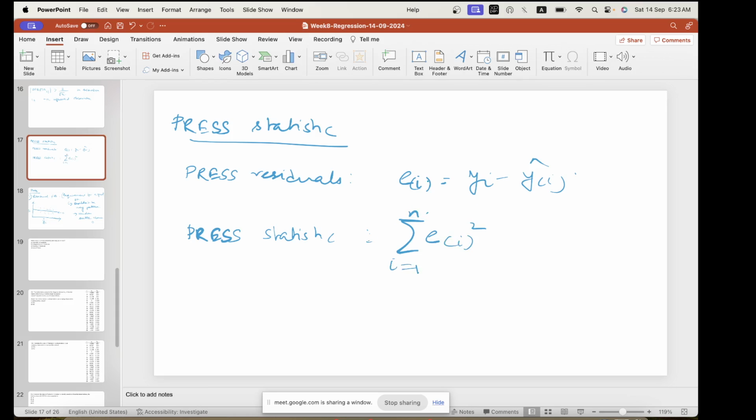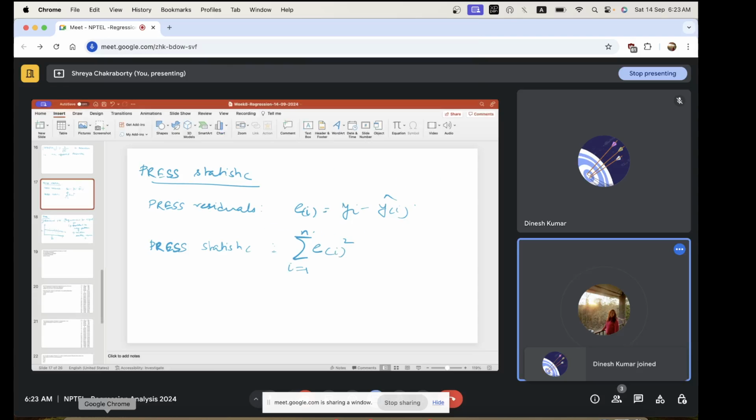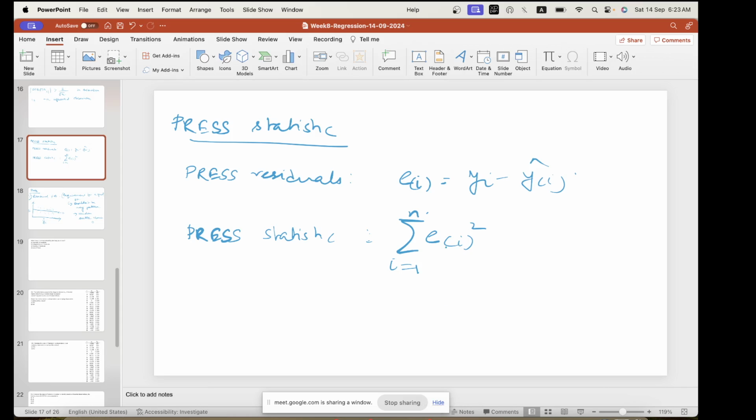It tells how much overall the residuals change if we remove observations one by one. And this goes to summation i equal to 1 to n of yi minus yi hat, whole square.